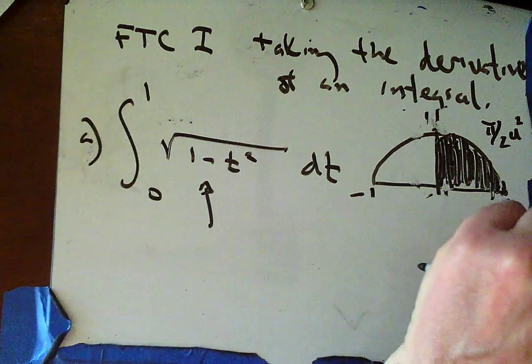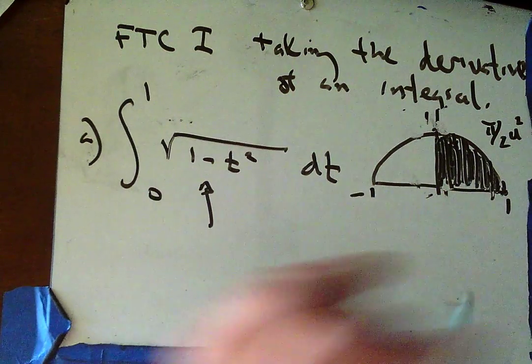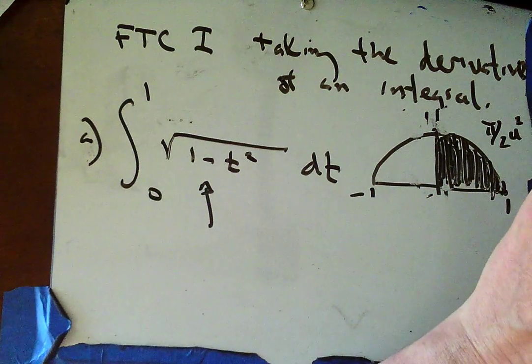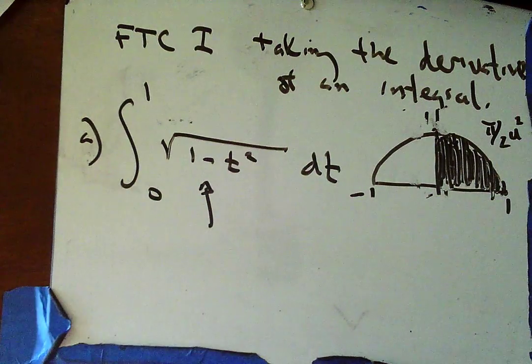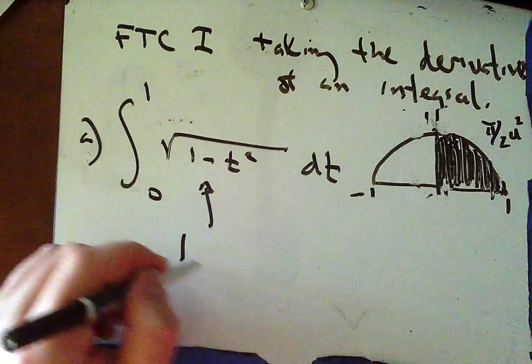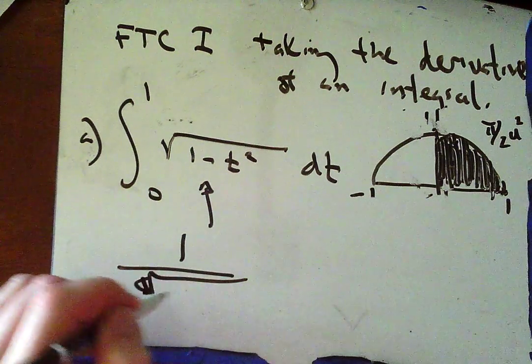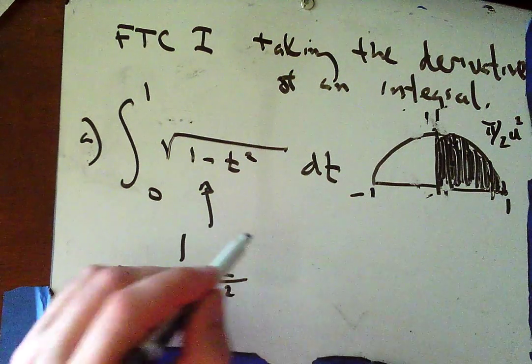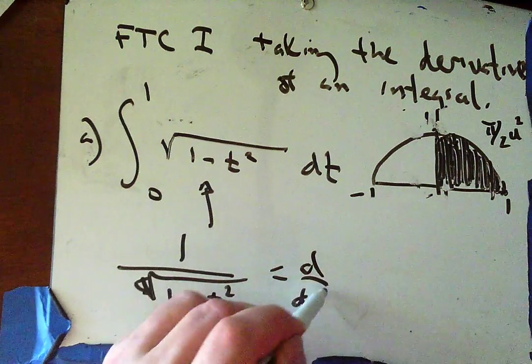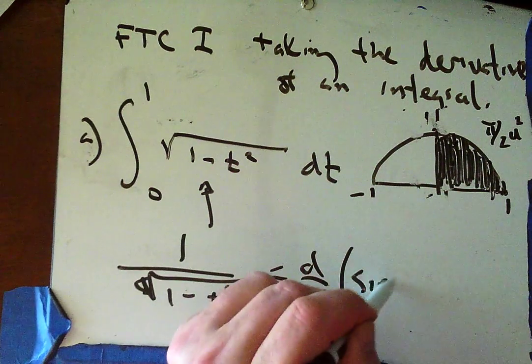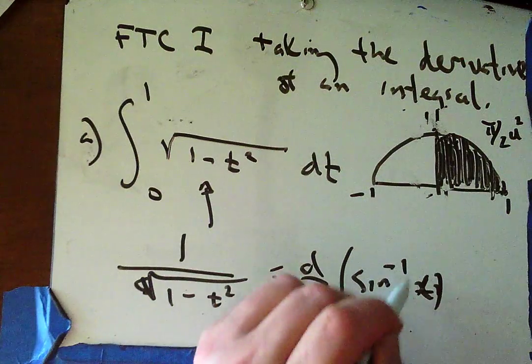Yes, what is the derivative here? Oh, 1 over square root. That's why. This is the derivative of sine inverse of t.